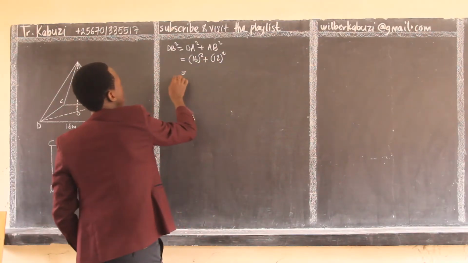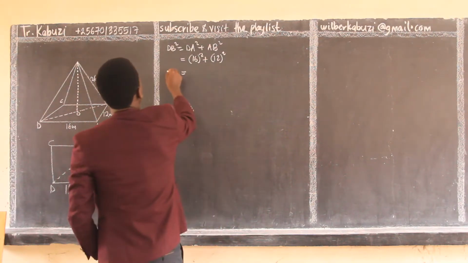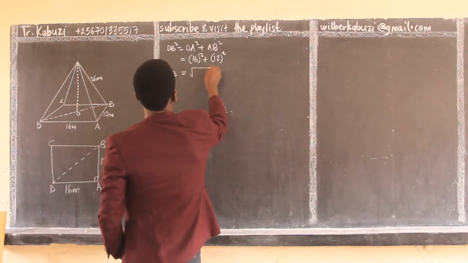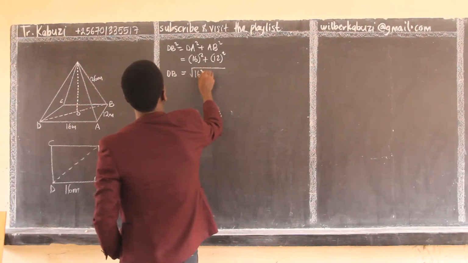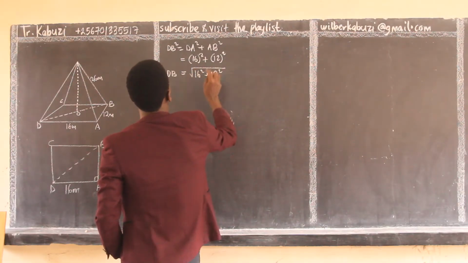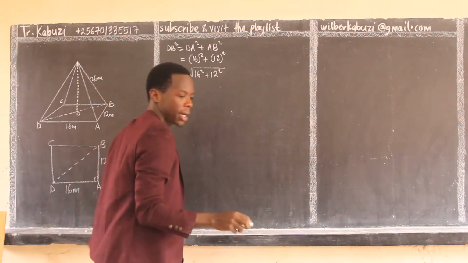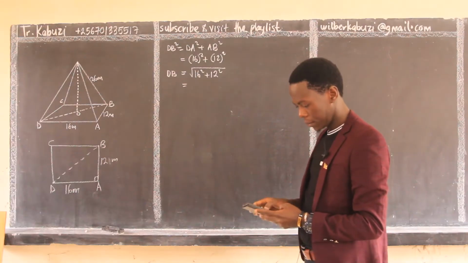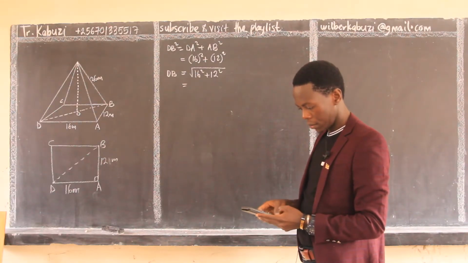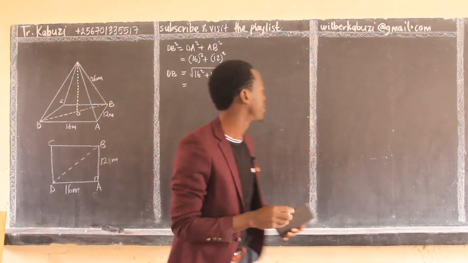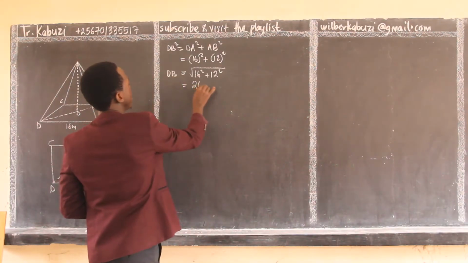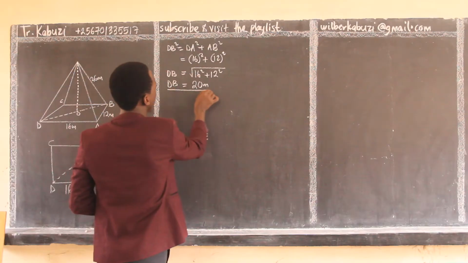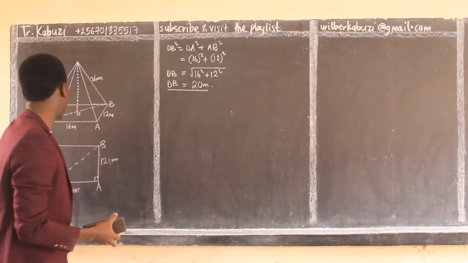So to get dB, I'll get the square root of 16 squared plus 12 squared. So my dB will be 20 meters. So that's my dB, the length of this diagonal.